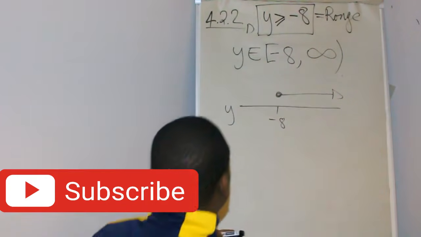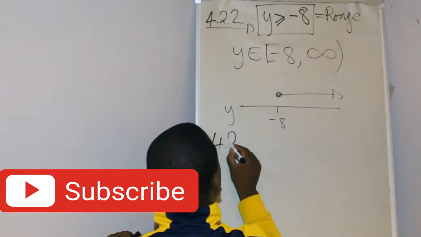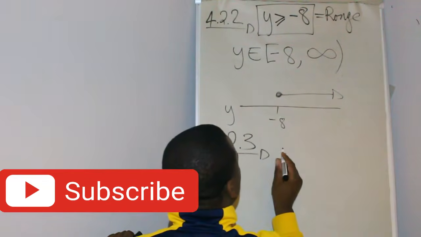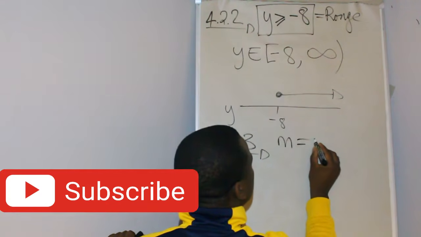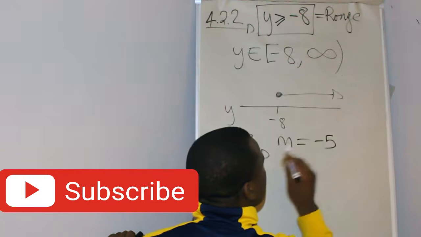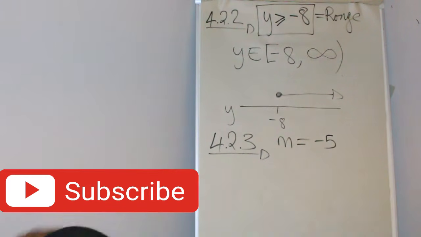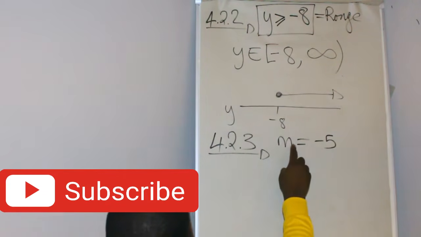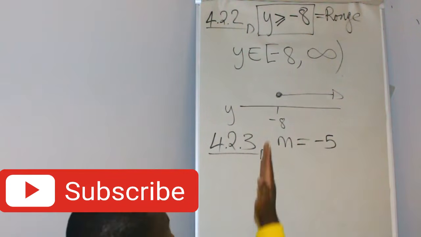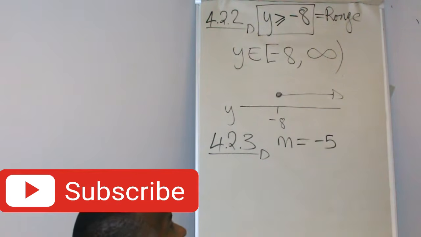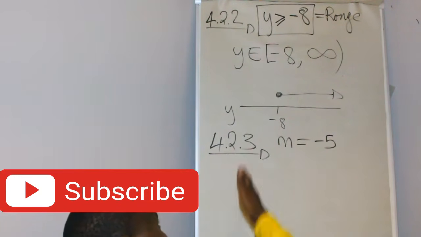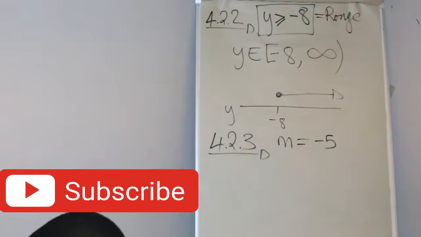So, 4.2.3. We said that m is equal to -5 because the point D is collinear with A and E, which means they are on the same vertical line, which means they have the same x coordinate.